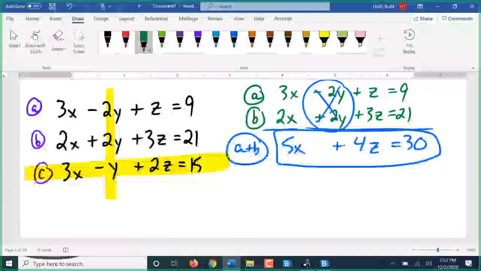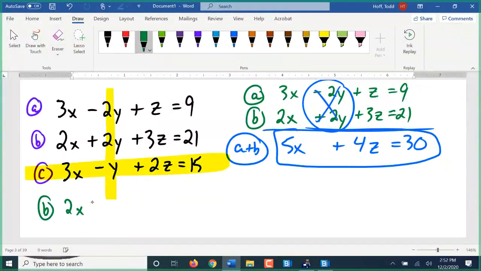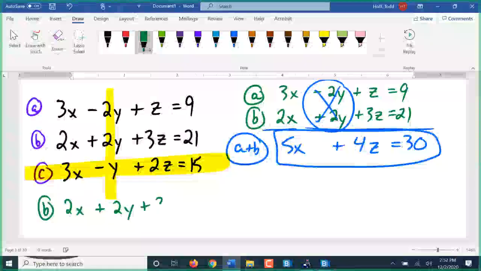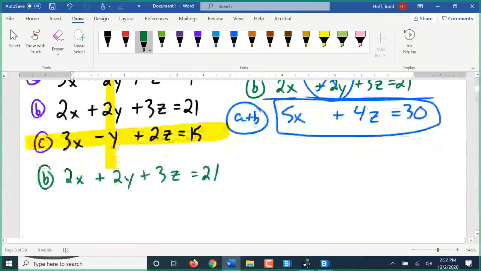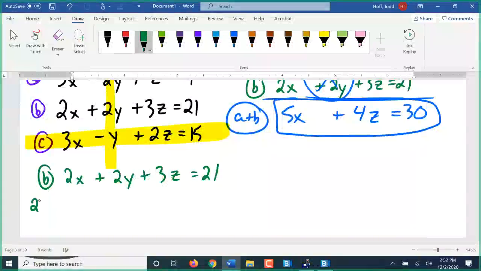I'm going to use equation B here as it is, 2x plus 2y plus 3z equals 21. But if I add that with equation C, it's not going to totally cancel out the y. I need to combine it with 2 times equation C. So that means I'm going to multiply every piece in equation C by 2 as we've done before.